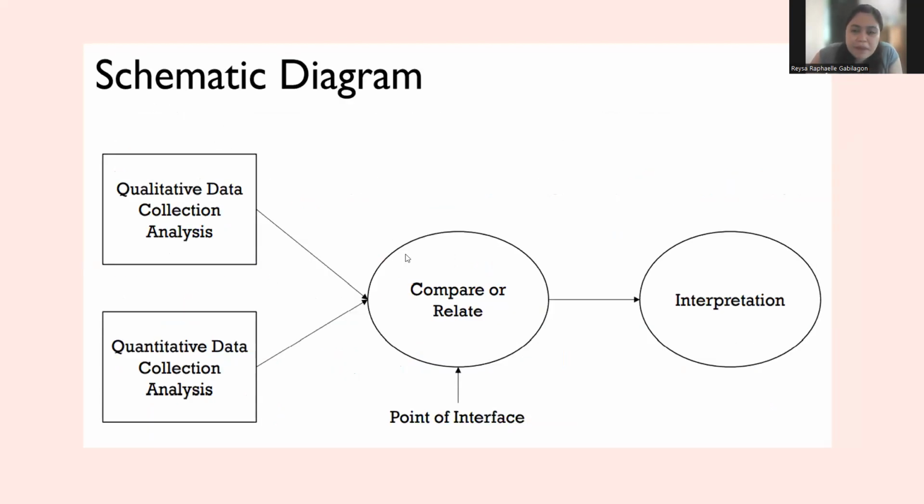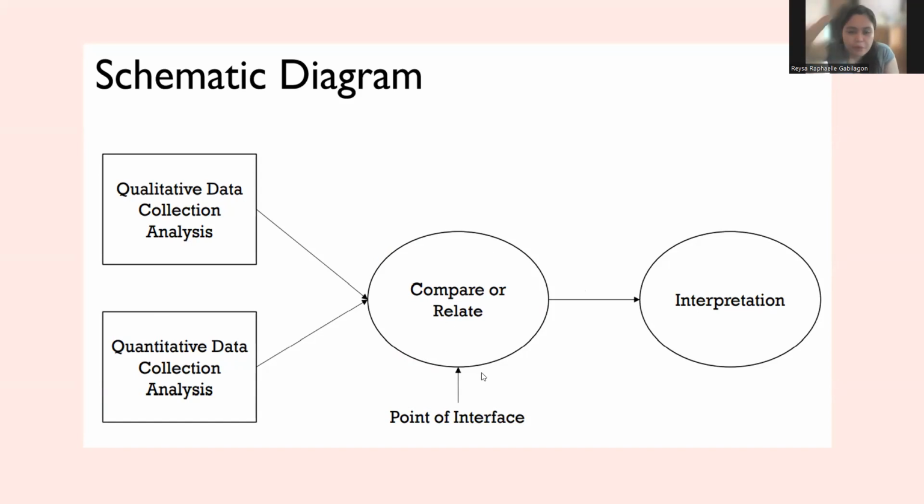So the convergent parallel design is depicted in this figure. Meaning, ganito, mag-collect ka ng quali na data tapos i-analyze mo siya. Tapos mag-collect ka din ng quantitative data, i-analyze mo din. Okay? So independent yung analysis nilang dalawa. They will be treated equally. And after that, i-compare natin ang results ng quali and quanti.